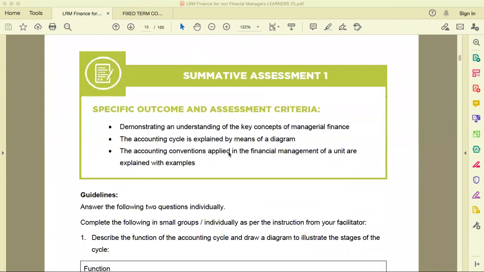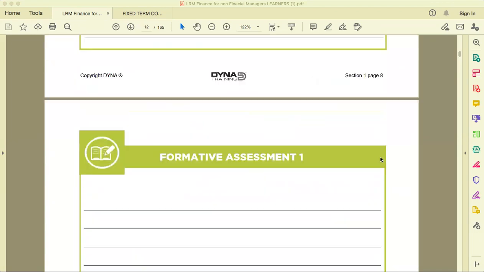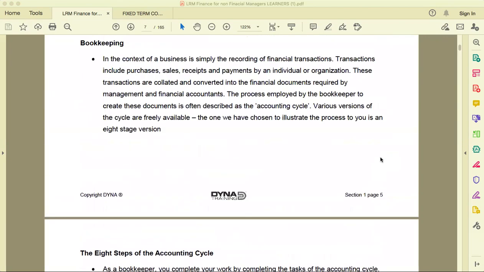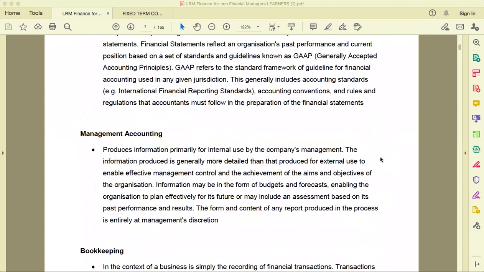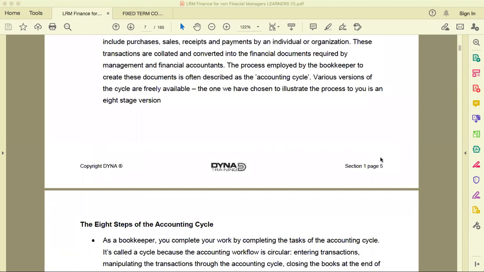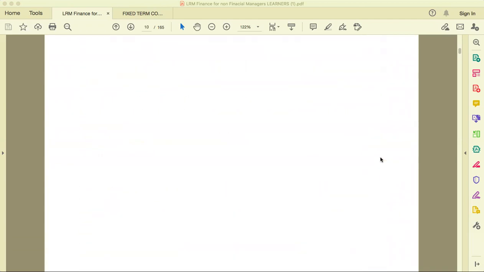Then the summative assessment. Describe the function of the accounting cycle and draw a diagram to illustrate the stages of the cycle. So let's take a look at the functions. That should be on page number 5. What you'll see is the different forms of accounting and why they are there.